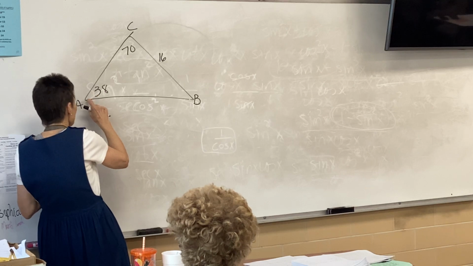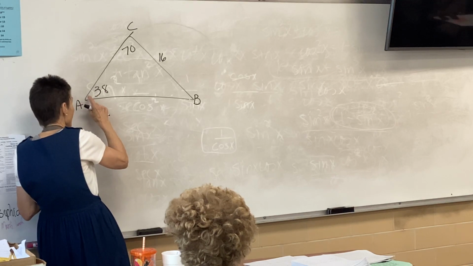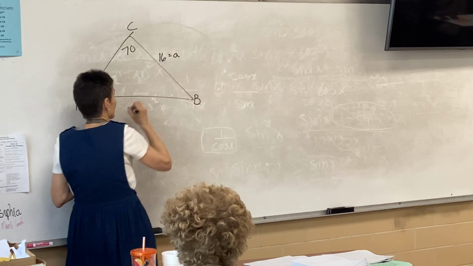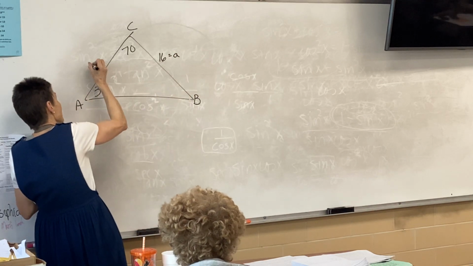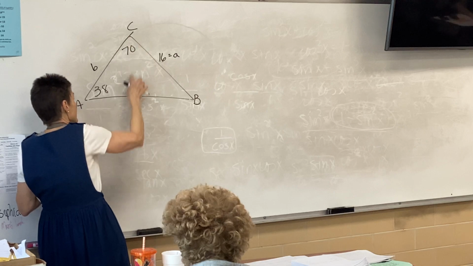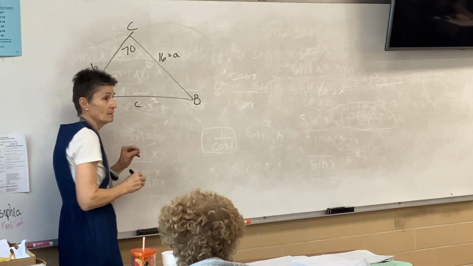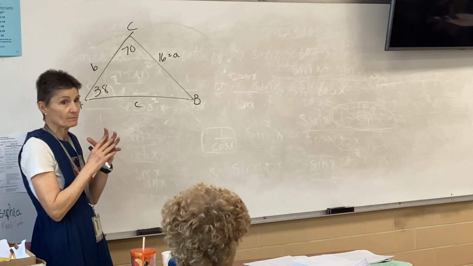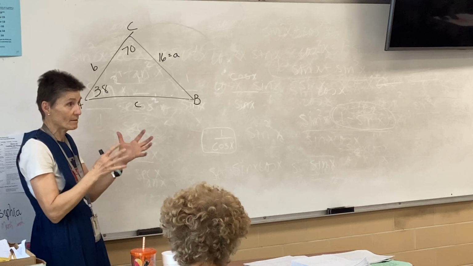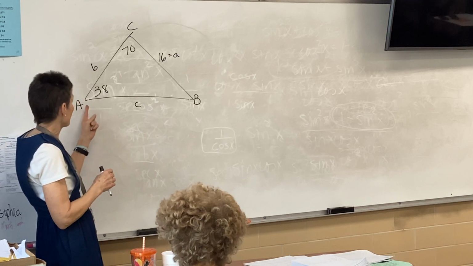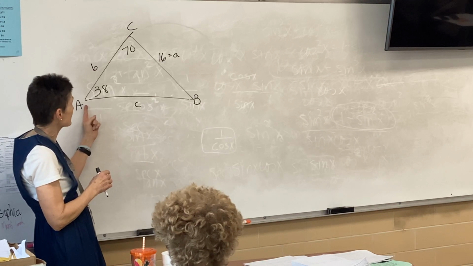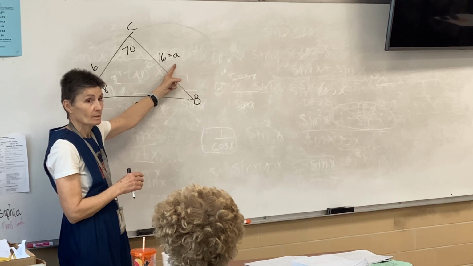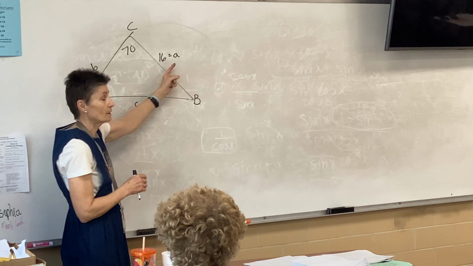So across from angle A, this is side A. This is side B, and this is side C. That's just kind of like the standard way of labeling a triangle. So wherever angle A is, side A is across from it. Okay? And so on.